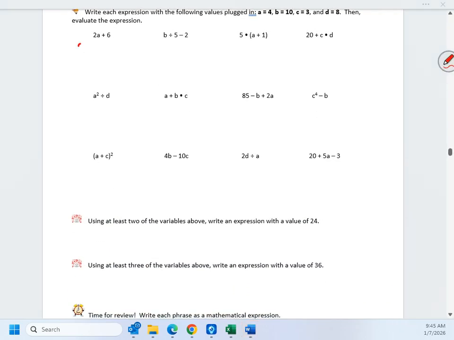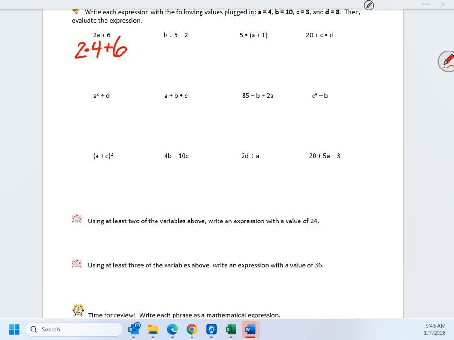So we have 2. When the 2 is right next to the A, what operation is that, Leo? Multiplying. So I'm going to put my little multiplication symbol. And then for A, that's a 4 plus 6. So I'm going to rewrite that expression using all numbers and putting in those operations that we just had to know what they meant. I'm writing in those operations.